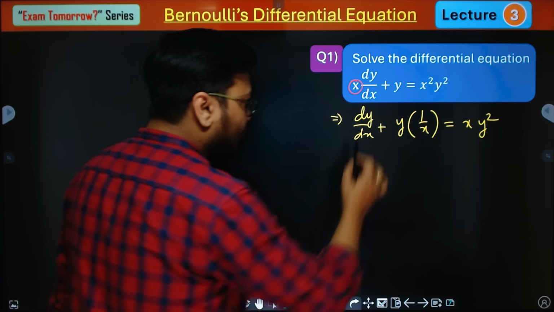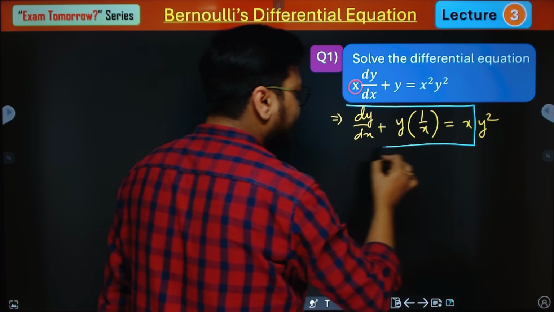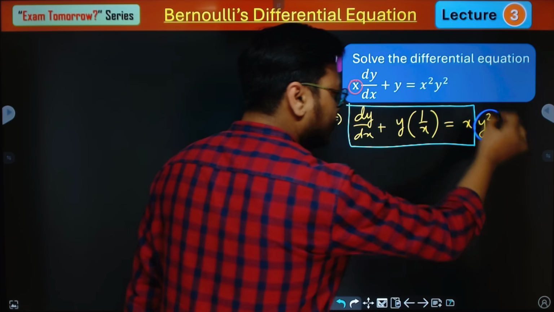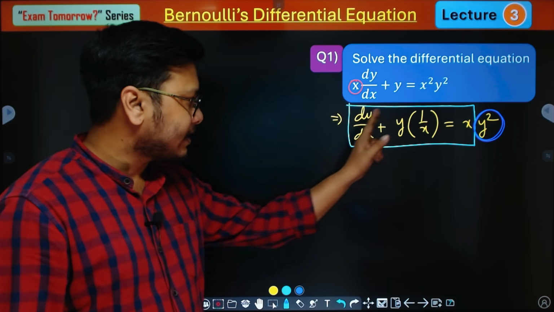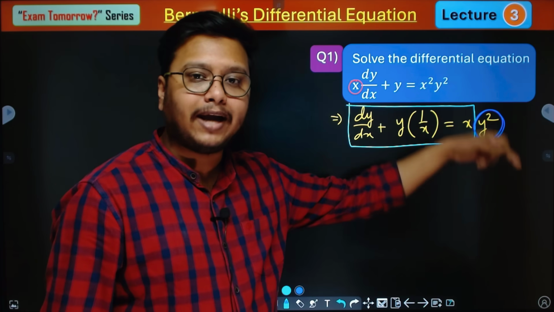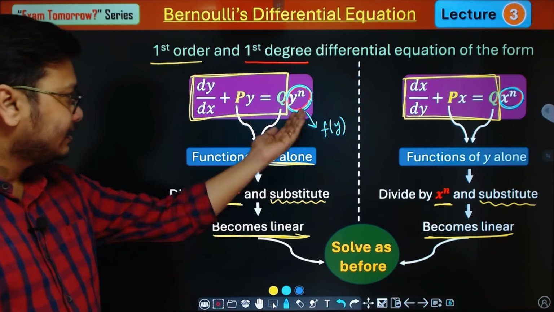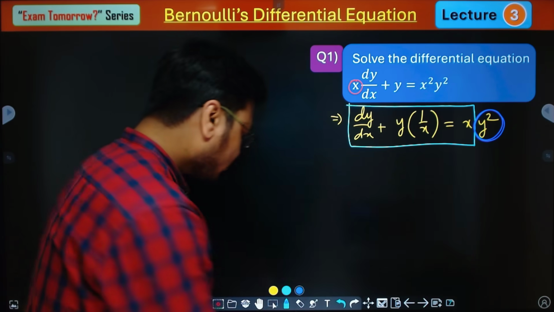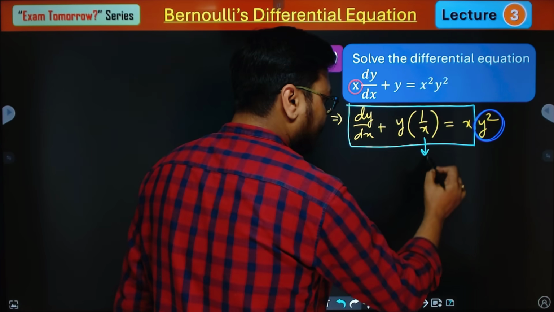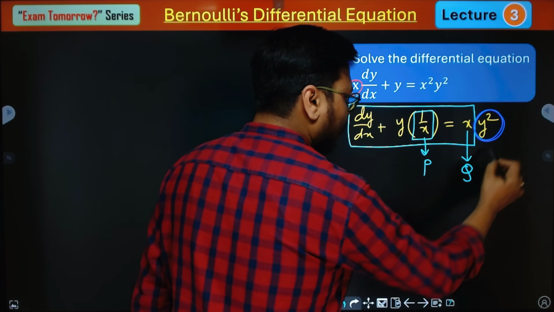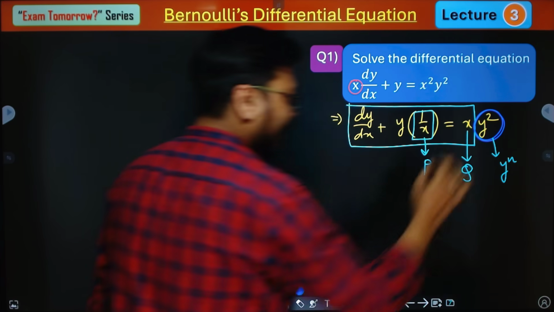So you can see this portion is linear in y, and a higher power of y is multiplied on the right. Okay, dy/dx plus Py equals Q multiplied with y to the power n. So it's basically this format which is present. We can say that this is our P, 1/x, this is our Q, and this is the y to the power n.